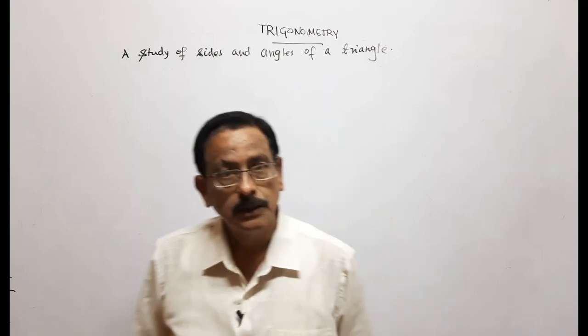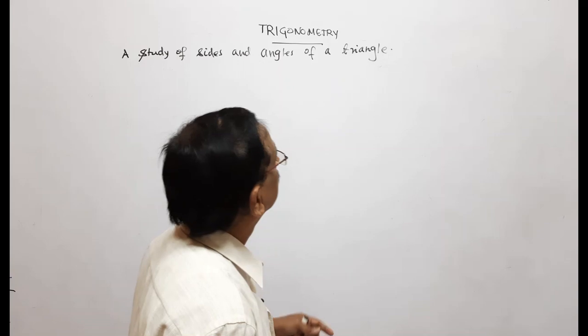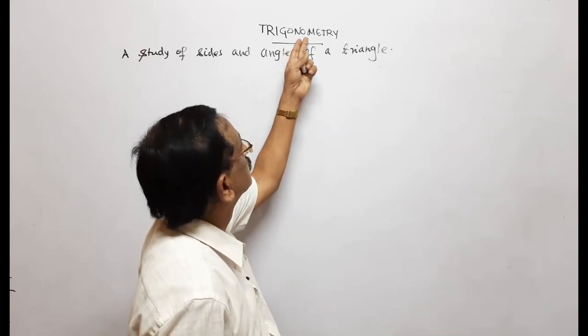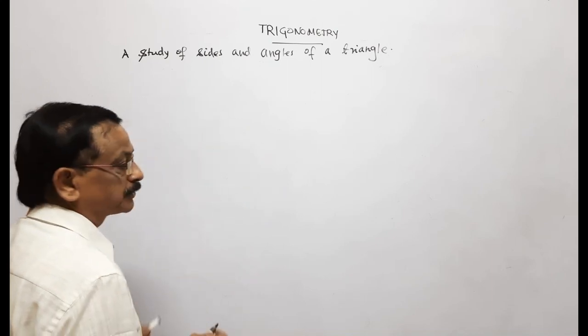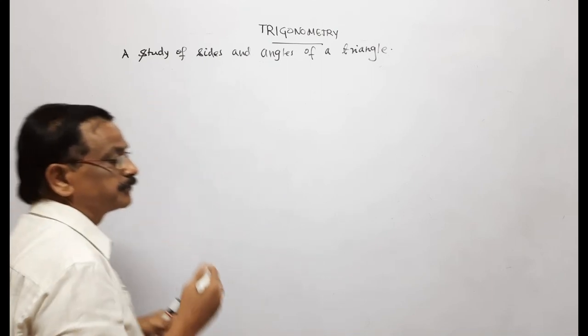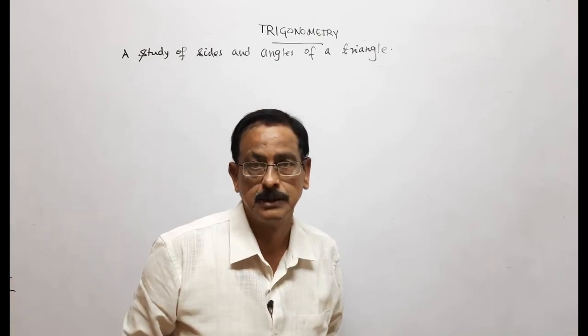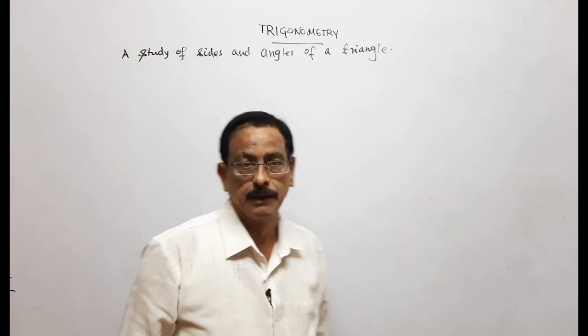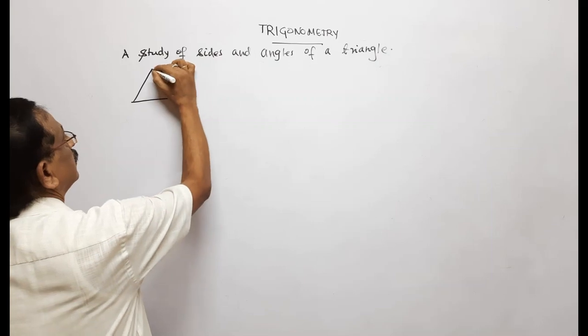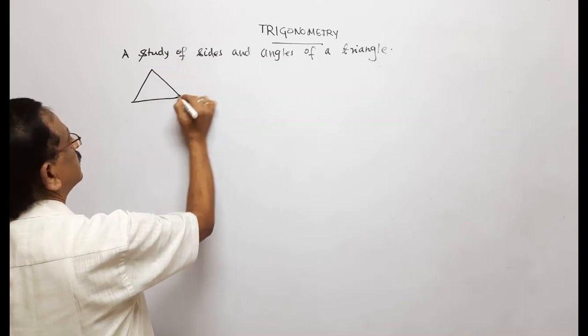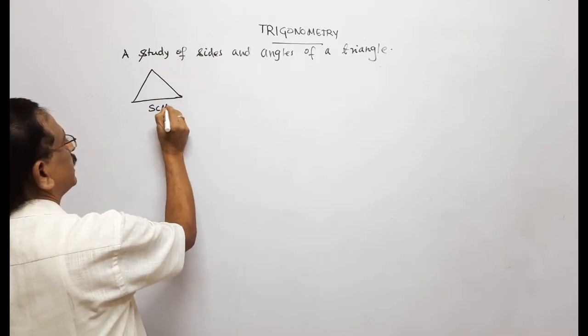But before talking about the study of trigonometry, I would like to see a few sets of triangles. What are they? Let us look at the triangle in which all the sides are different, called a scalene triangle.